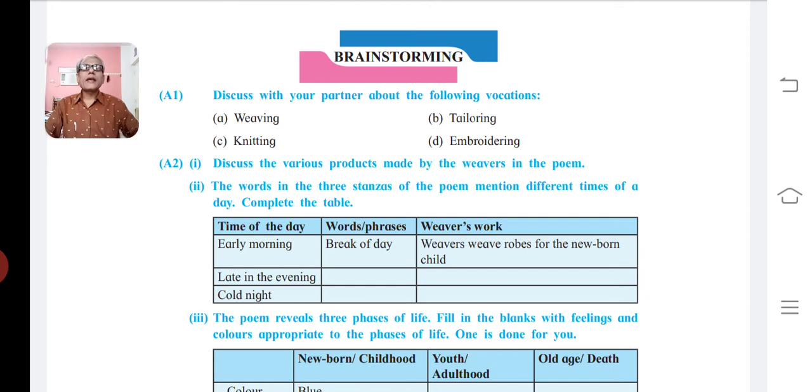Now A1 activity is: discuss with your partner about the following occasions: A. Weaving, B. Tailoring, C. Knitting, and D. Embroidering.